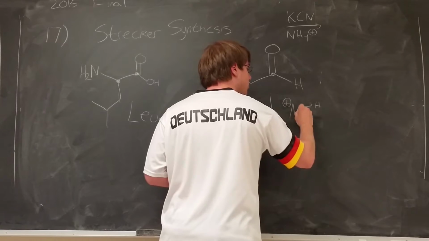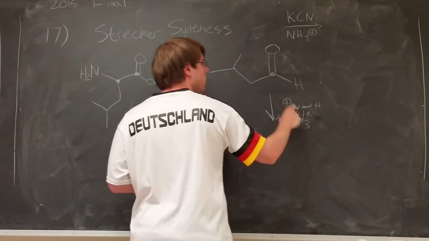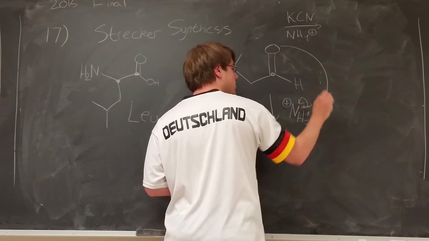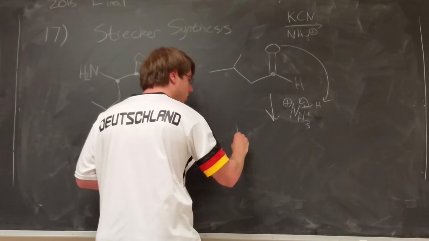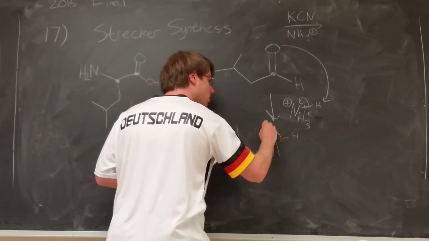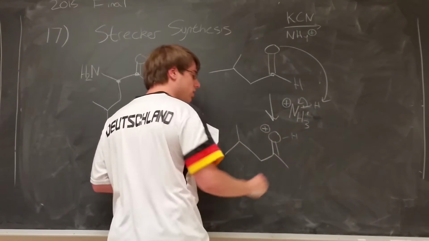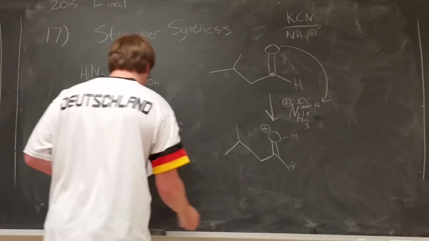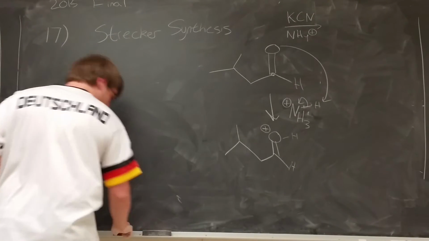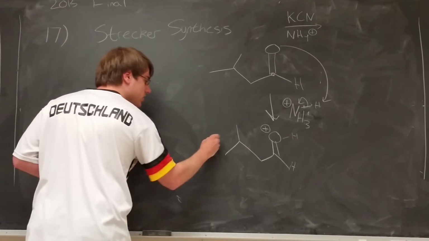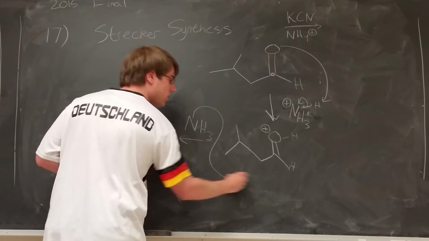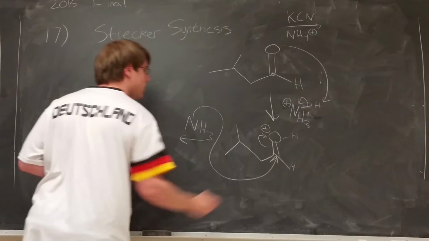Now what NH4 plus will do is give you a hydrogen that will protonate the carbonyl. So that oxygen will grab the proton and neutralize the nitrogen. And now you would have a double bond OH positive with that hydrogen. Now what happens is that NH3 neutral that you made when you grabbed that proton will come in and attack that carbonyl, and this will swing up to the oxygen.